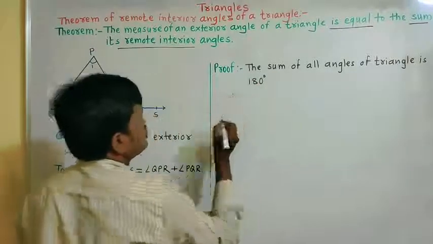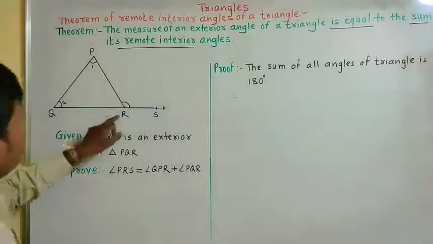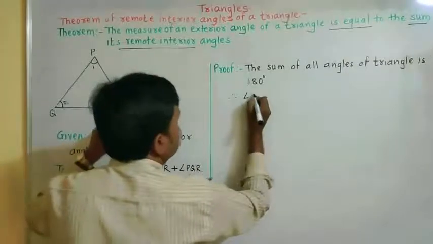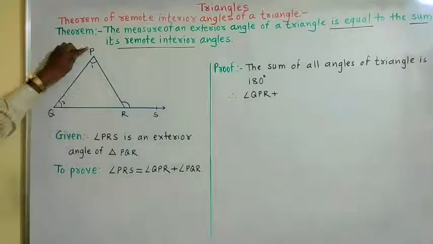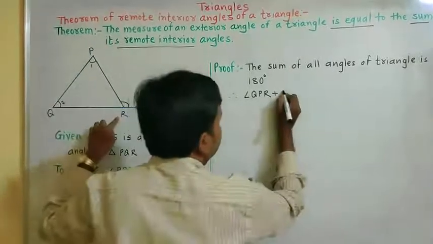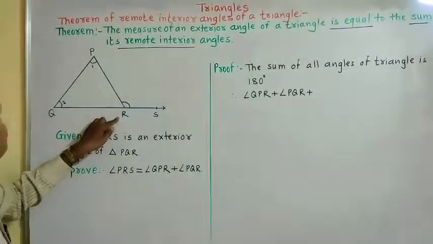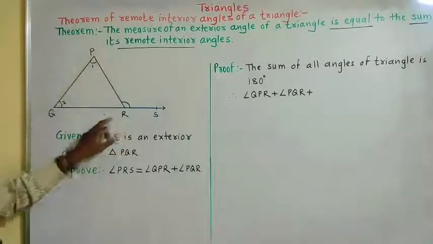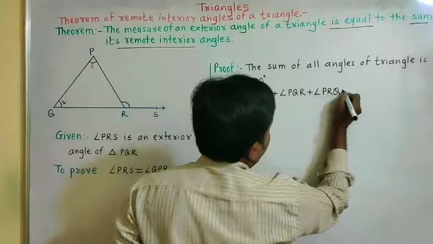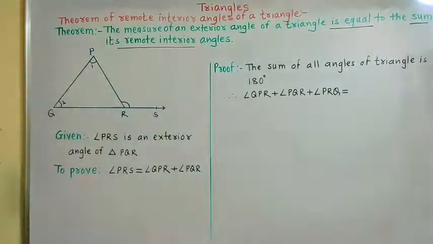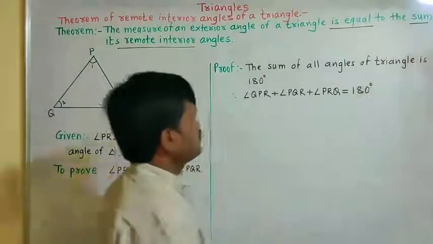Therefore, write the summation for the first angle QPR, plus the second angle PQR, plus the third angle PRQ, is equal to 180 degrees.